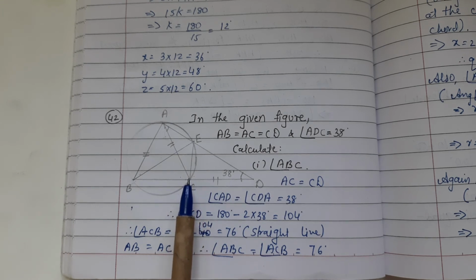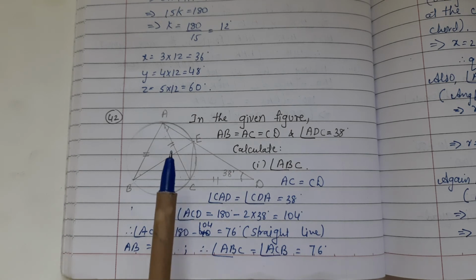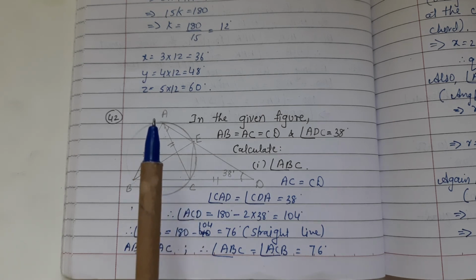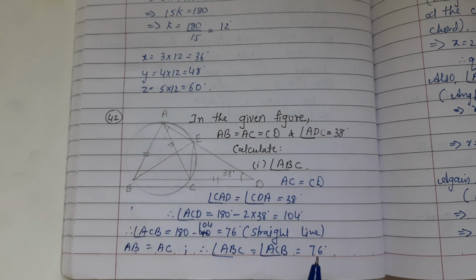So, angle ACB will be 180 minus 104, which is equal to 76 degrees, straight line. Here AB is equal to AC. Therefore, angle ABC is equal to angle ACB equal to 76 degrees.